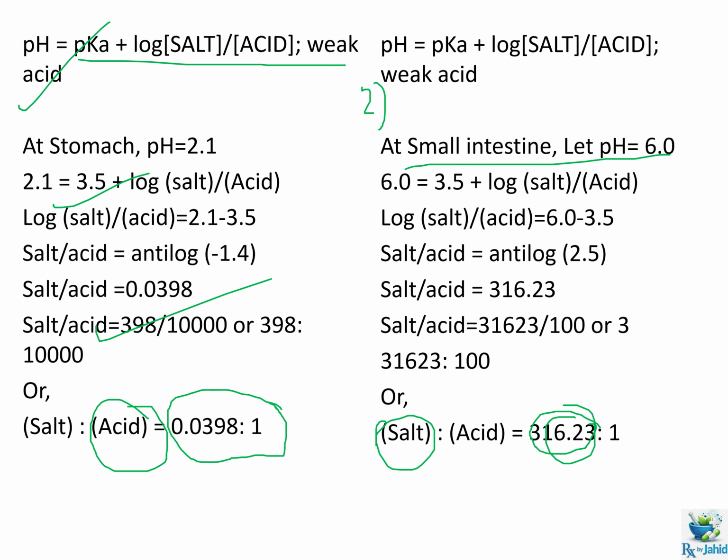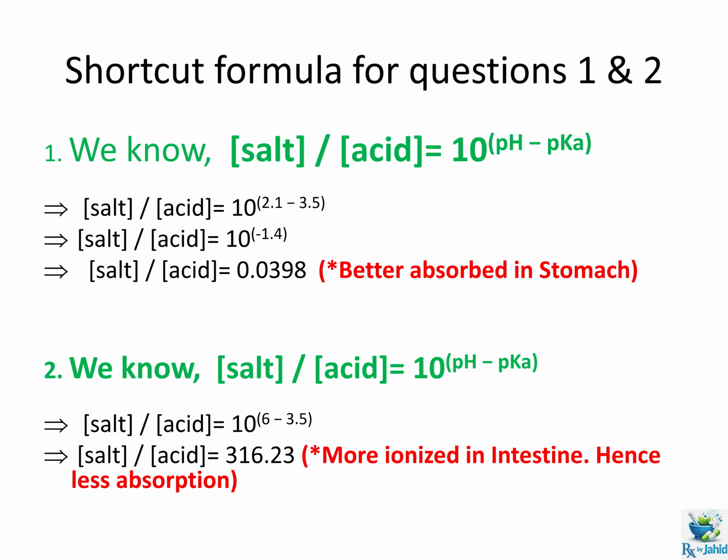Okay, I think you have already understood this. Anyway, the shortcut formula for questions 1 and 2 we have already shown in our previous lecture, that this is the derivation of our Henderson-Hasselbalch equation. If you just put the values of pH and pKa in this equation, we will ultimately get the result.